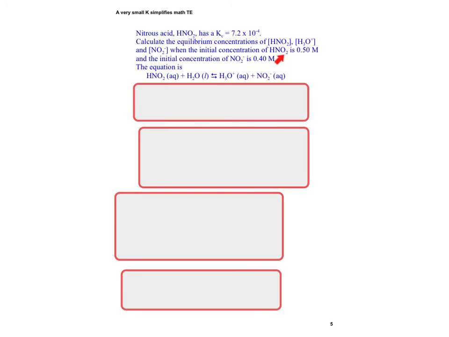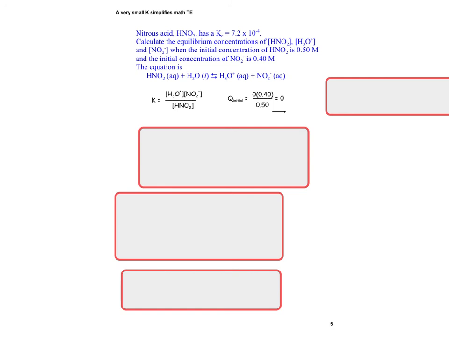So if I start with 0.5 molar nitrous acid and 0.4 molar nitrite, pause the video and calculate the equilibrium concentrations of everything in the problem. Remember, if it's a pure liquid, it is not part of the equilibrium expression. So take a second, try it, and then turn the video back on.